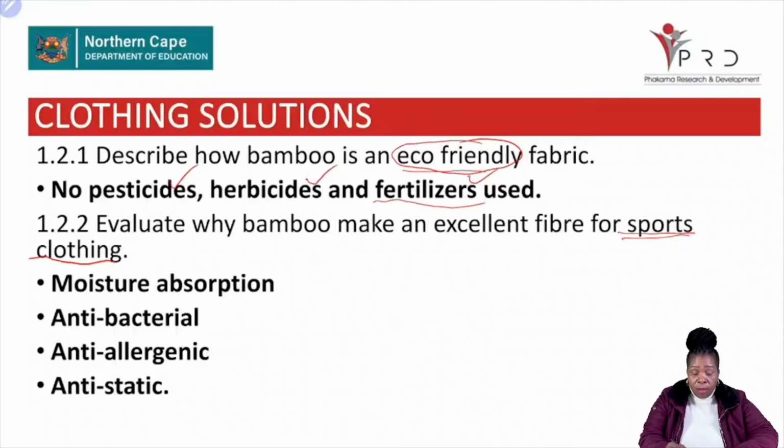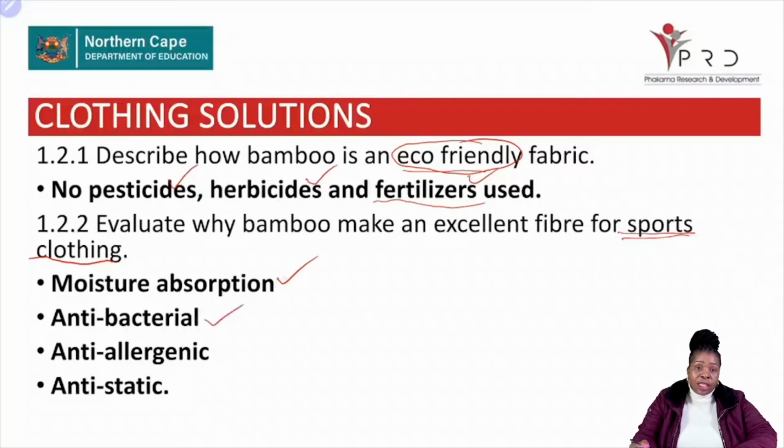From the bamboo description, we read that it absorbs moisture. So when people who do sports are sweating, the moisture is absorbed from their bodies. Also, it is antibacterial, meaning that bacteria cannot attack the clothing made out of bamboo.